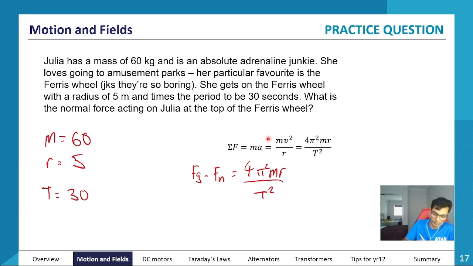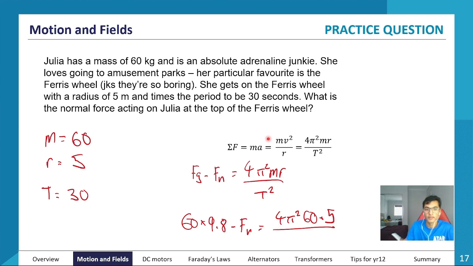Substituting all our values, we get the force of gravity, 60 times 9.8, minus the normal force is equal to 4 pi squared multiplied by the mass, which is 60, and multiplied by the radius, which is 5, all divided by the time squared.